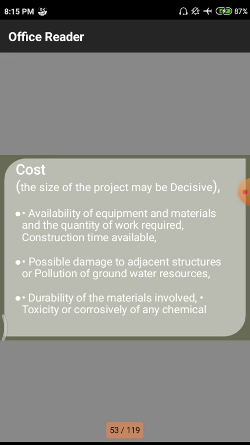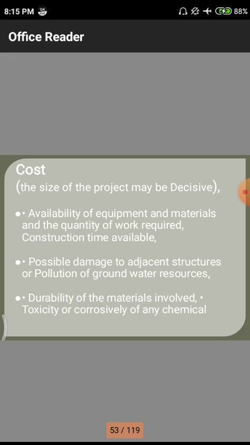If there is any clashing with the surrounding structures, they will automatically file a case against us, because we are causing disturbance and noise levels, and causing unevenness to the surrounding people.